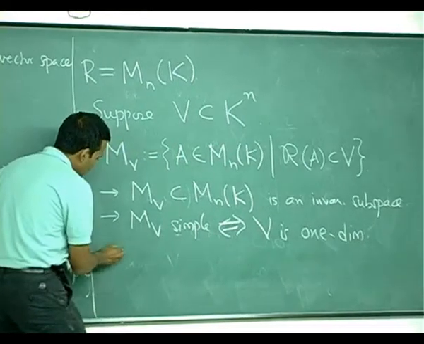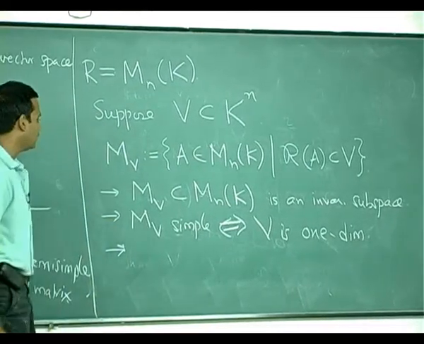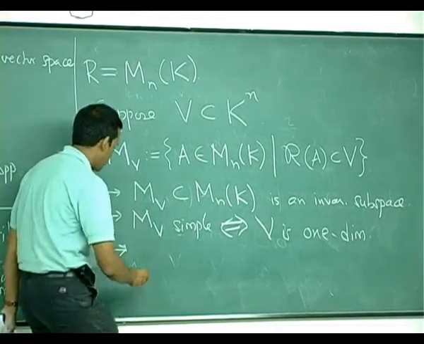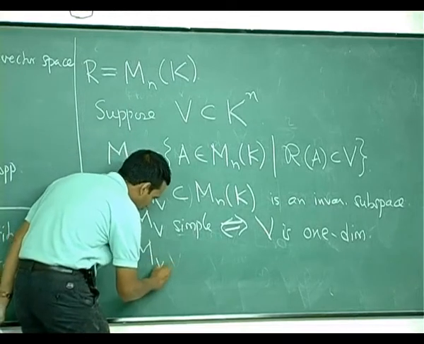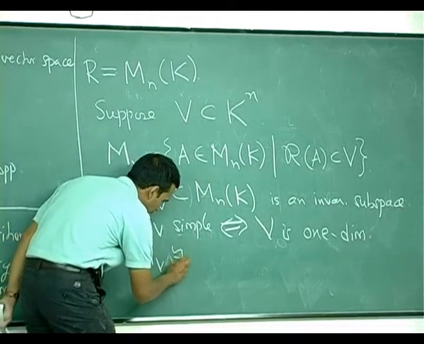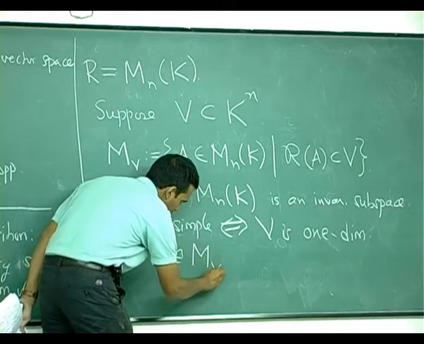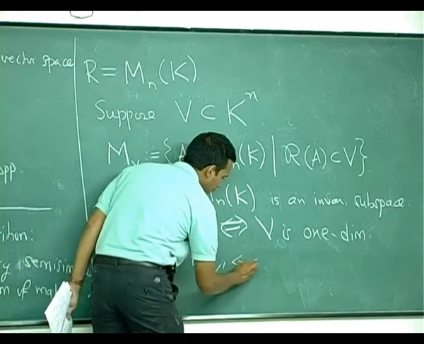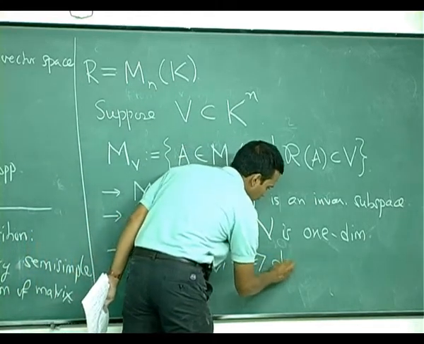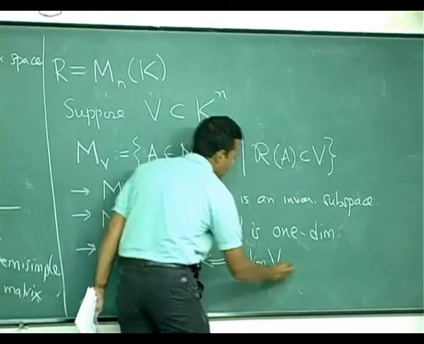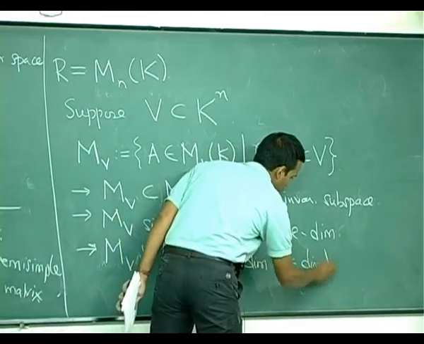And dimension is the only invariant of the isomorphism class of M_V. So M_V is isomorphic to M_V' if and only if the dimension of V is equal to the dimension of V'.